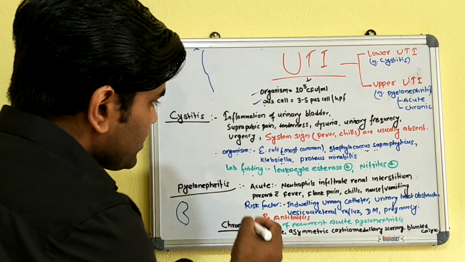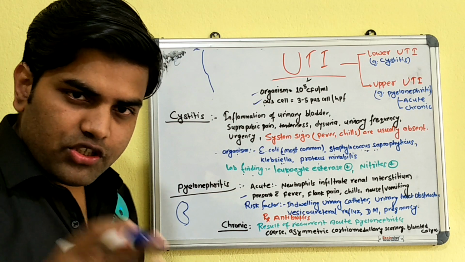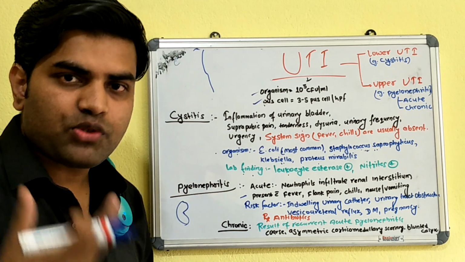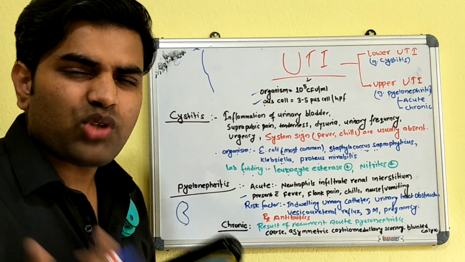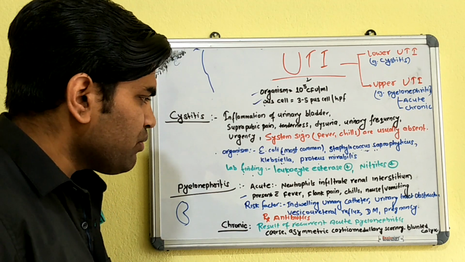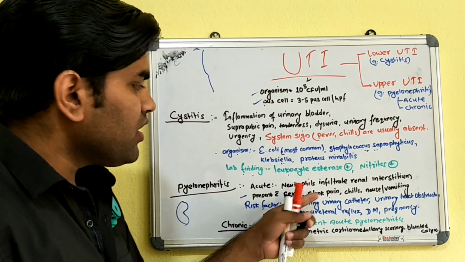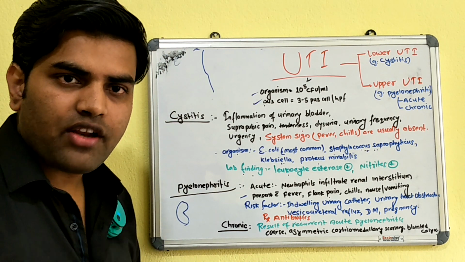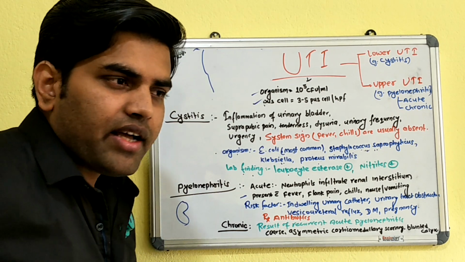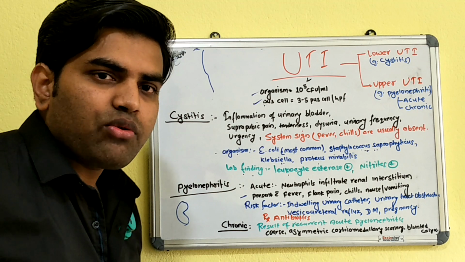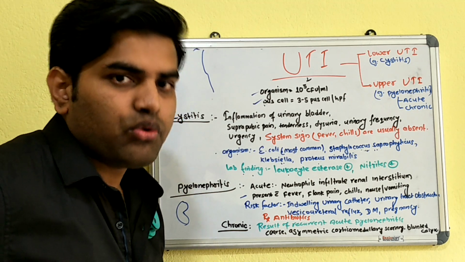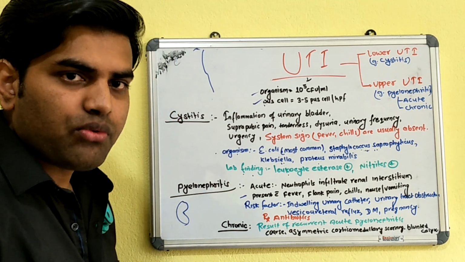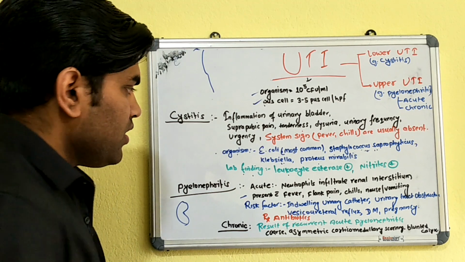Okay, now the presentation will have more systemic symptoms. The patient will present with high fever, chills, rigor, mainly chills, then flank pain, nausea, and vomiting. And if you know the costovertebral angle, there will be renal angle tenderness. So renal angle tenderness will be the finding that we get.